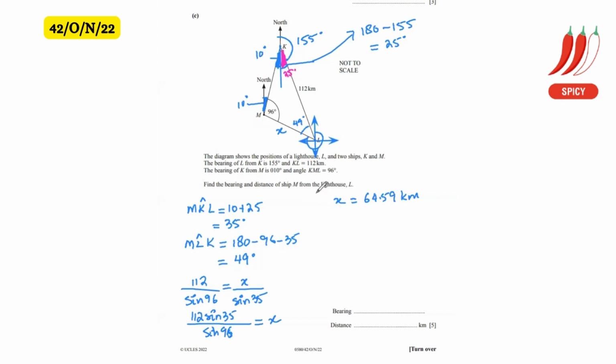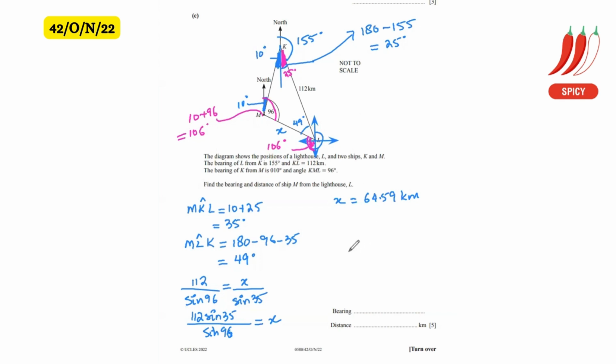Now comes the bearing. So for the bearing, what we need to do is find this angle over here. So once again, if you remember the rules for parallel lines, alternate angles are equal. So this angle above the line, this total angle here is 10 plus 96, which is 106. So if this is 106, this below is also 106 because they're both alternate angles, this and this.